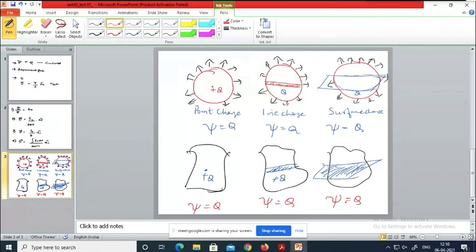So what you have to infer here, irrespective of the shape of the body which is enclosing the charge, the flux radiating will be equal to the total charge enclosed by the body. Okay, so this is nothing but Gauss law.